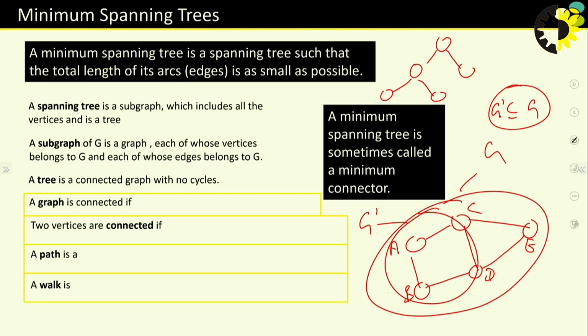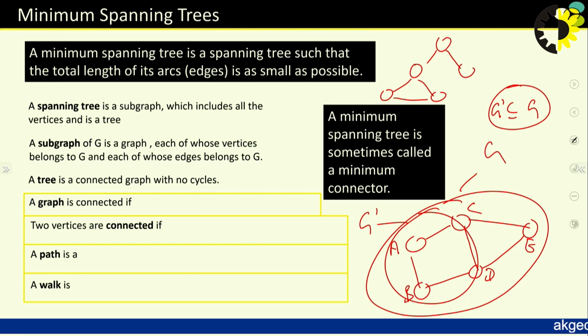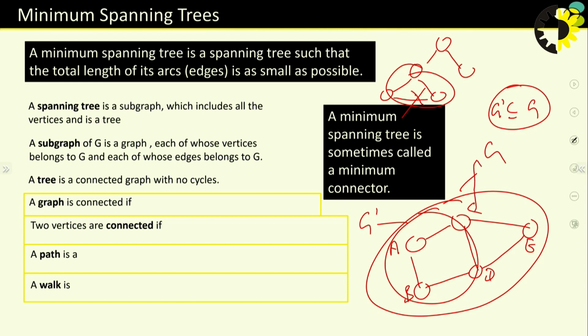But if we connect one vertex to another vertex, this creates a cycle, then this is a graph. If we remove this, then this is the tree.